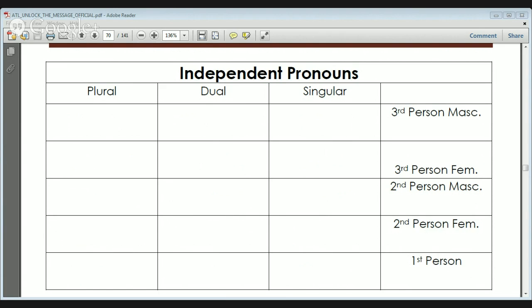Plural, dual in the middle, and then singular. On the right side you have third person masculine.